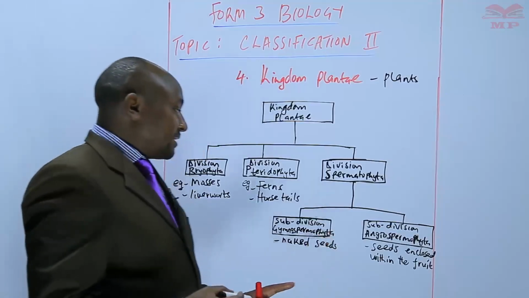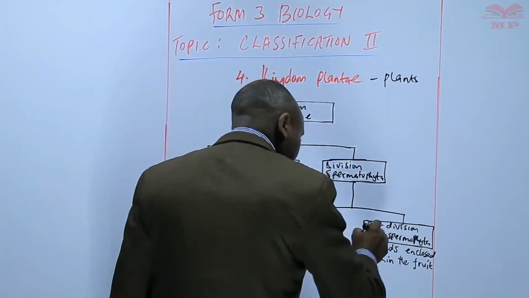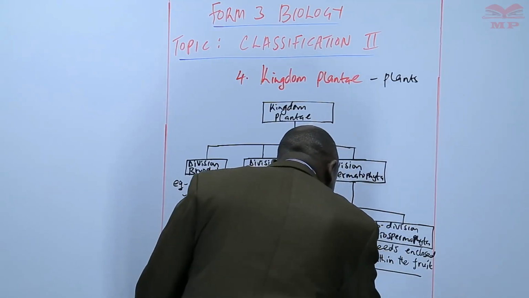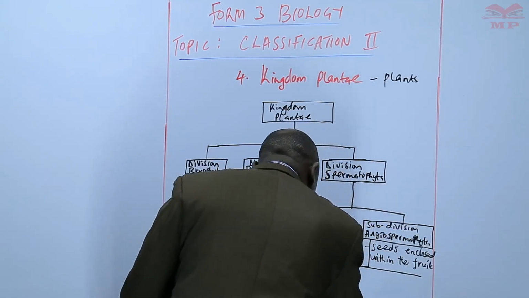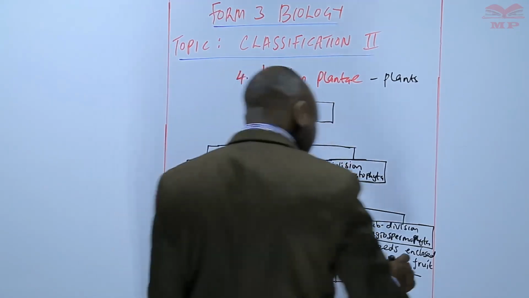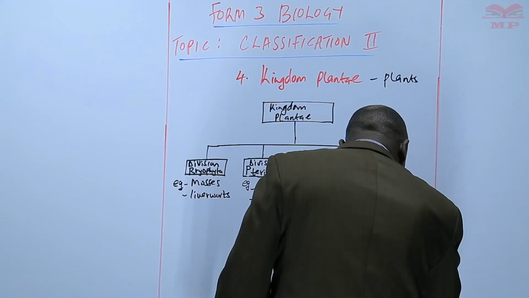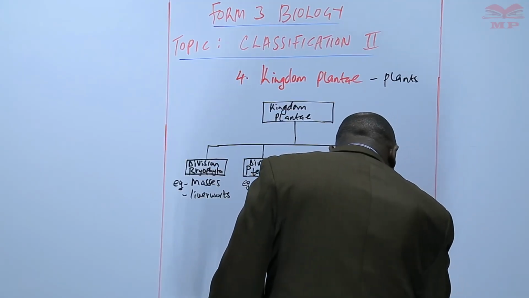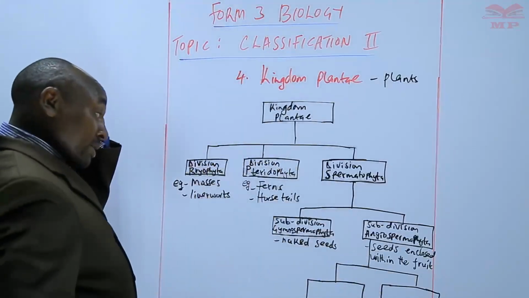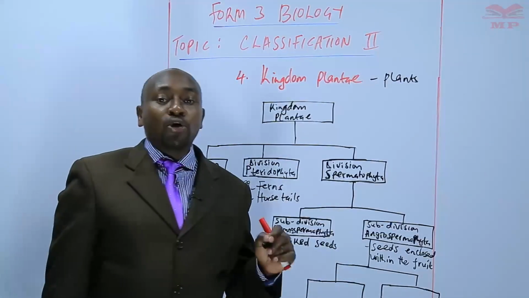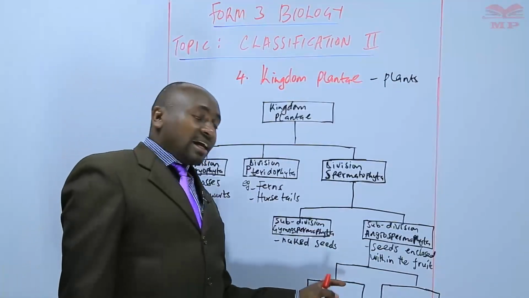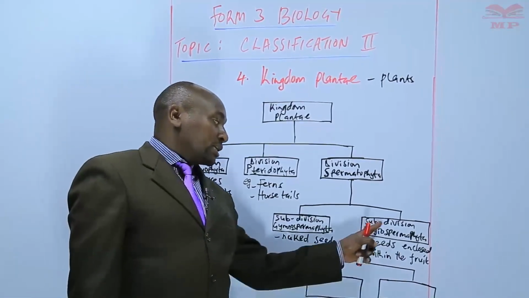The Angiospermaphyta, we'll also divide it a little bit further into now the classes. And there are two common classes that we have. We have class Monocotyledonae and class Dicotyledonae. That's why we have the dicotyledonous plants and the monocotyledonous plants.